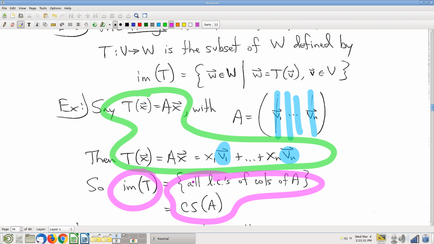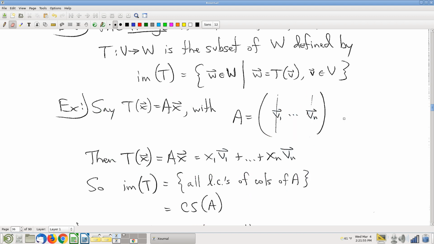And here's a way to see it. That column space is the image. If you were to take your matrix and very, very naturally interpret it as a function, which we do a lot, the column space is the image of that function. So, very natural. So I like to close that loop.